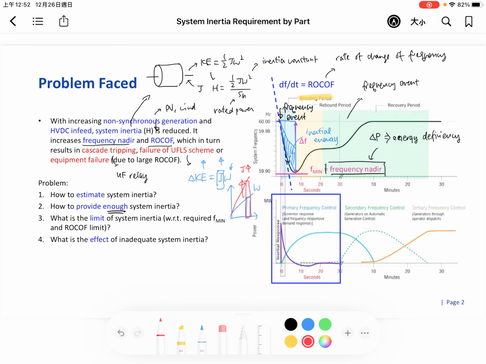And here you can see that the purple part is the inertial response, because once there is a frequency drop or a discrepancy in power, the generator will try to release some kinetic energy and drop the frequency to fill the energy deficiency. Then there is another term called primary frequency response, which is the governor response on grid.